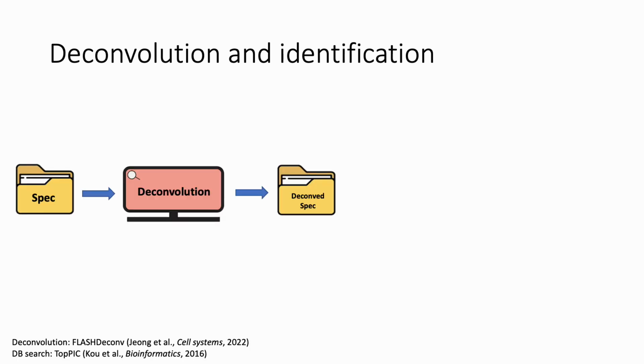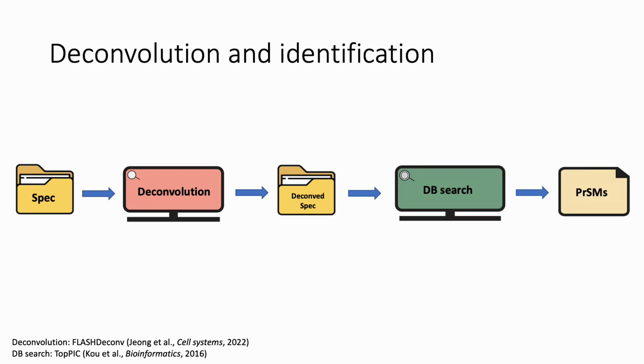Now let me talk about the effect of deconvolution on identification, in particular the effect of false positives in deconvolution. Let's see the typical proteoform identification pipeline, starting with the deconvolution. The output from deconvolution, deconvolved spectra, are then used as inputs to the database search to find hopefully correct PRSMs. PRSMs meaning proteoform spectrum matches.